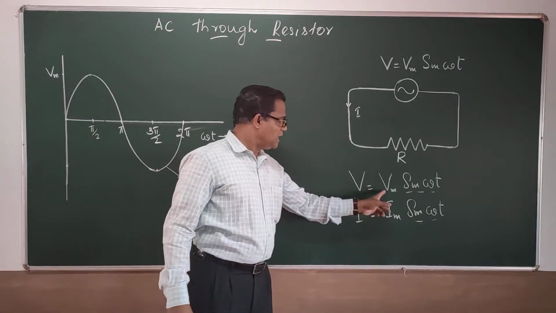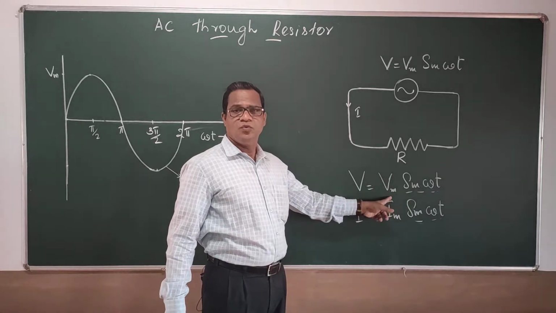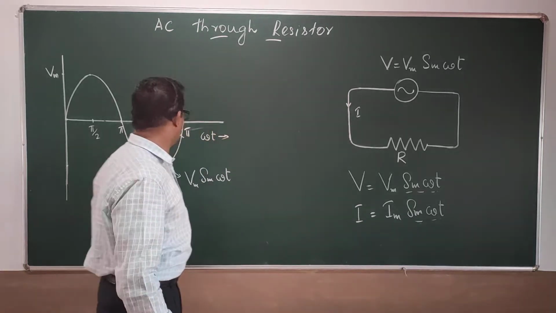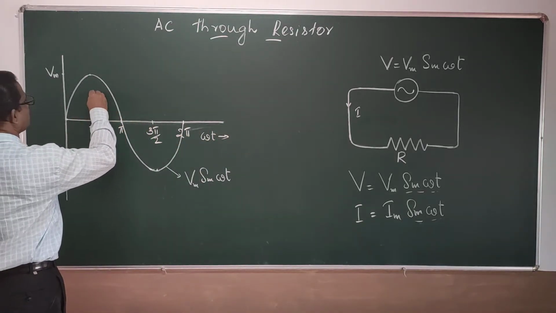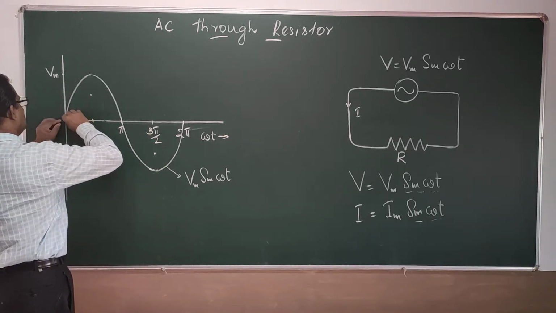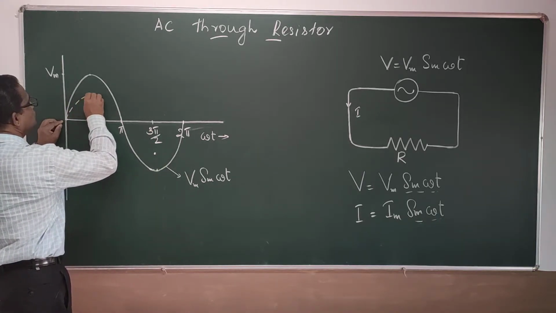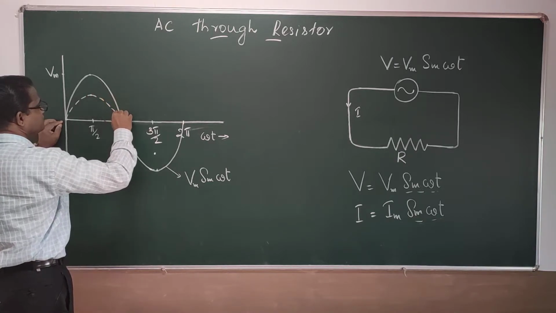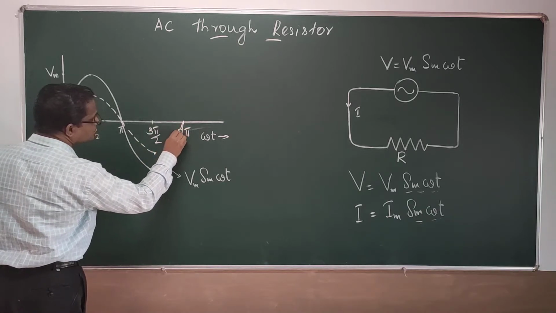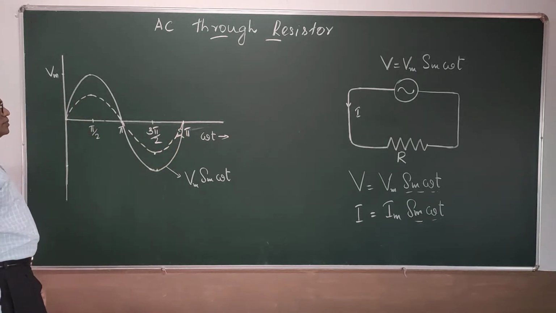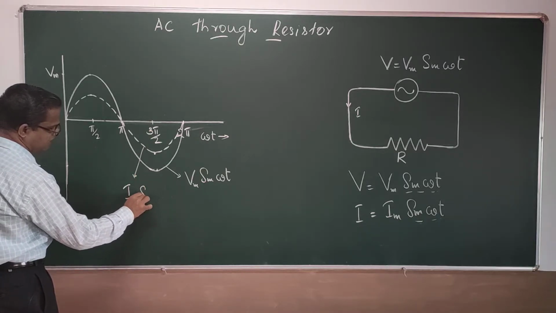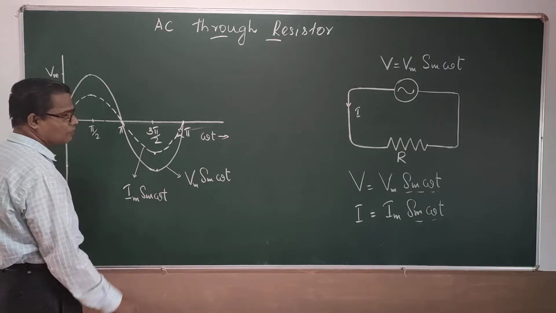Now we found that the amplitude of the voltage is greater than that of the current, and therefore I will be taking the variation of current with amplitude a little less. And if I plot that current, it goes like this. So this is actually Im sin omega t.